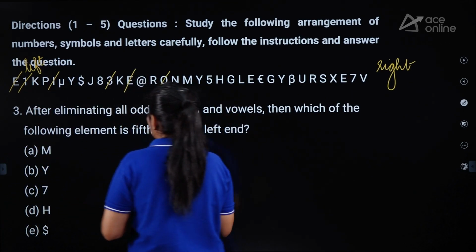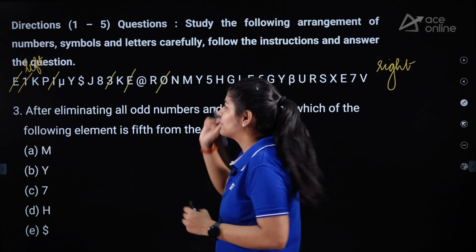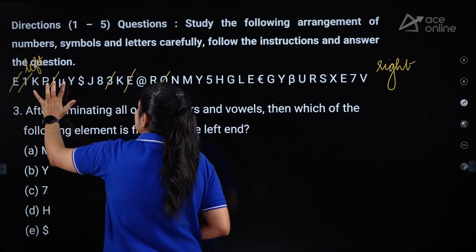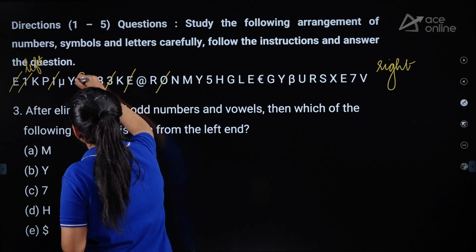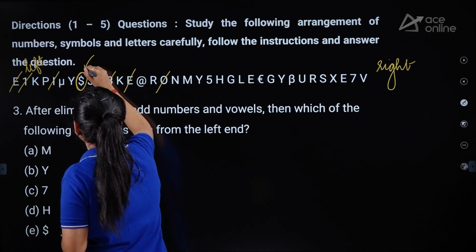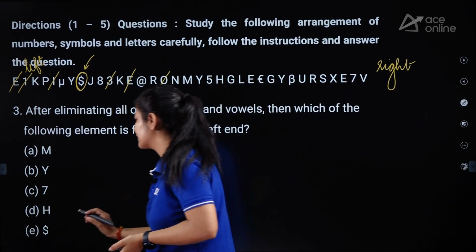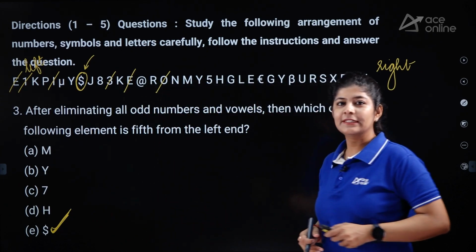Okay, we only have to focus on the 5th now, so there is no point in eliminating all the numbers. We just simply count the 5th element: 1st, 2nd, 3rd, 4th, 5th. So basically this dollar symbol is our 5th element from the left. So we can say that option number E is the correct one.